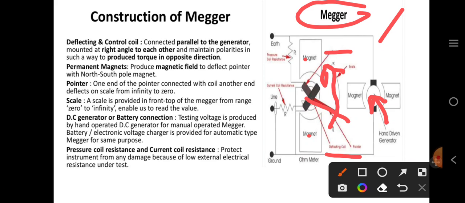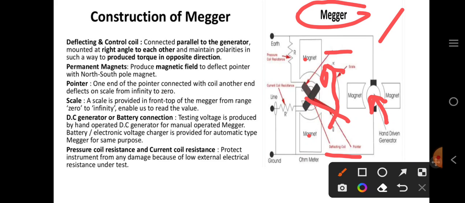So there are two options: either you use the electronic voltage charger or the manually operated megger, for which we use the hand operated DC generator. So this is the fifth part of the construction of the megger.